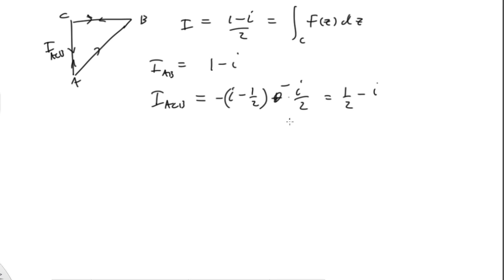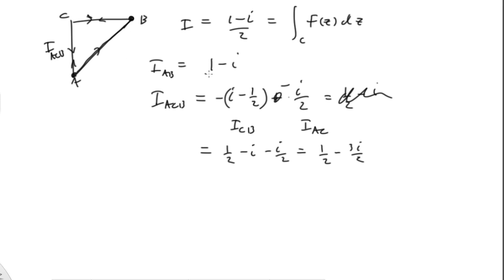So this was I A C, and that is our integral I C B. I'll rewrite this down here: that becomes 1/2 minus I over 2, and that becomes 1/2 minus 3I over 2.